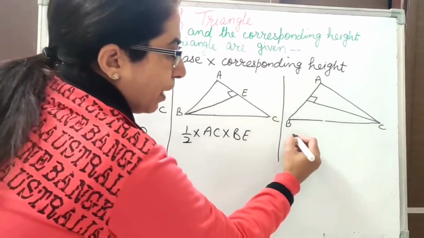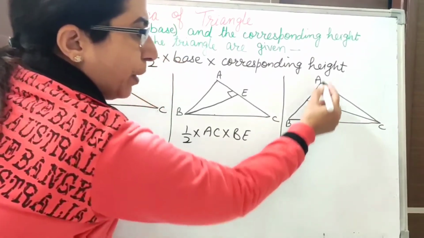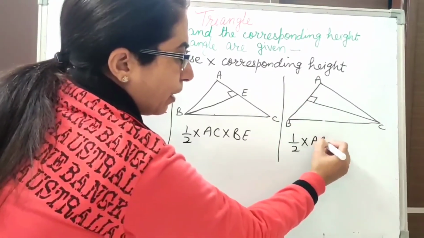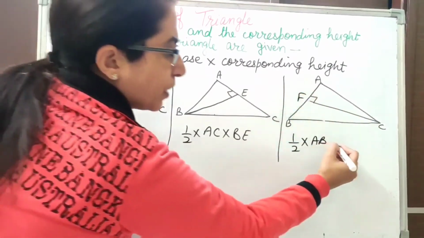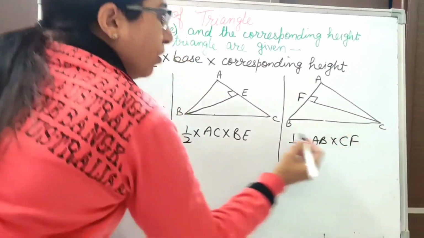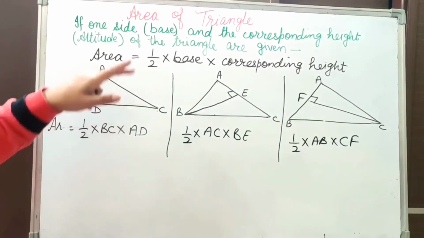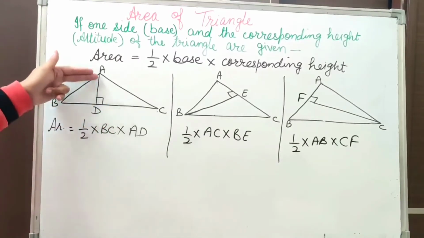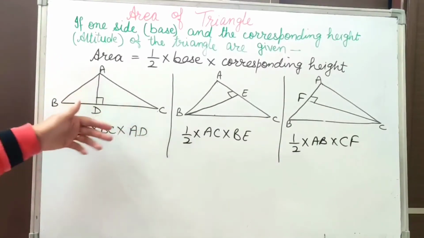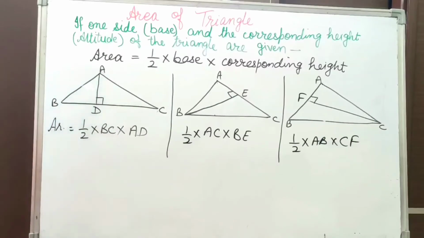In this case the area is 1 upon 2, base AB and the height corresponding to side AB is CF. So this is the corresponding base and height. This height is corresponding to this base, or this base corresponds to this height.